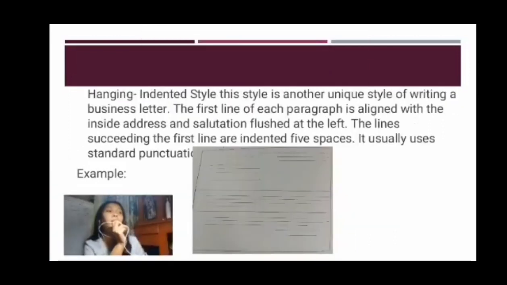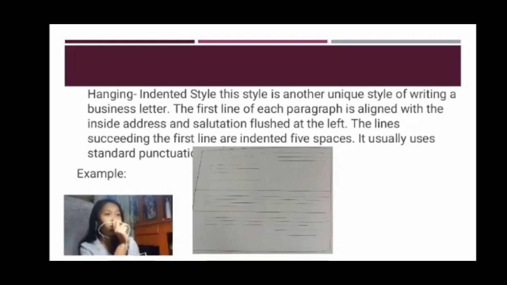The last style is the hanging indented style. It is like the indented style, but in the hanging indented style the complimentary close is on the right side.